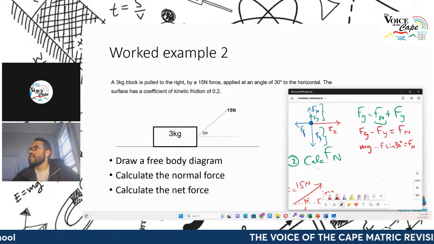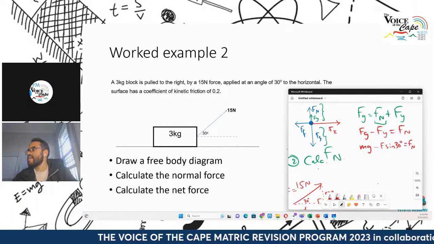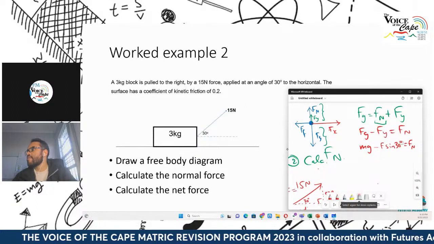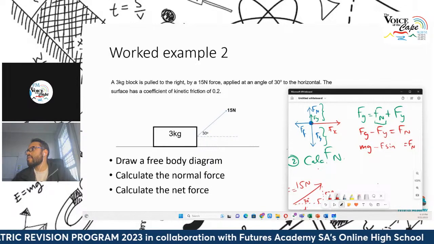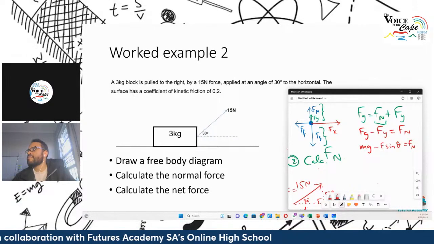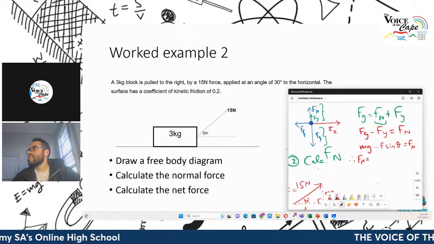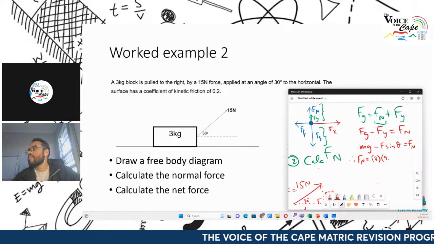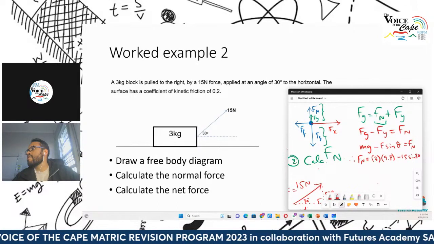Okay, so calculate the normal force. It's just now about putting in the actual values. I'm going to keep this generic for now until I actually substitute in things, and let's just call the angle theta or alpha for now. So the normal force is equal to the mass, which is 3 kilograms, times 9.8 minus 15 times sine of 30 degrees.